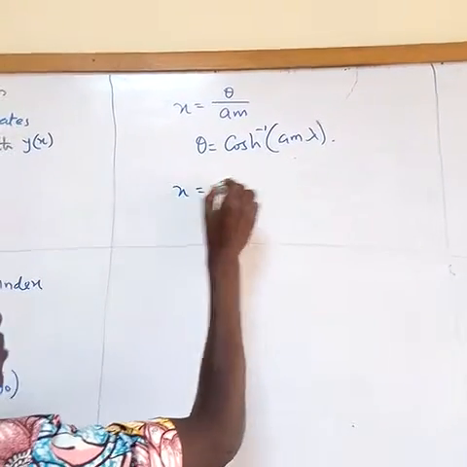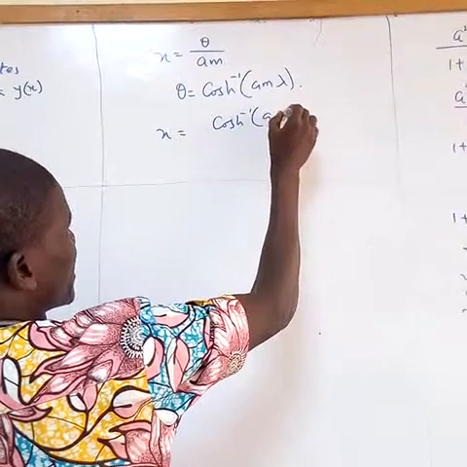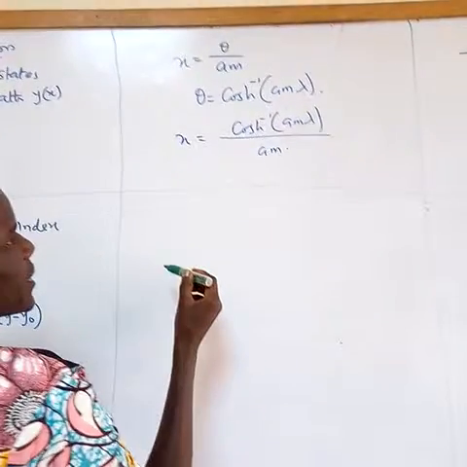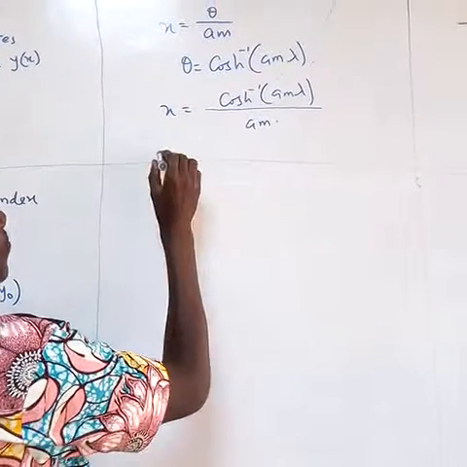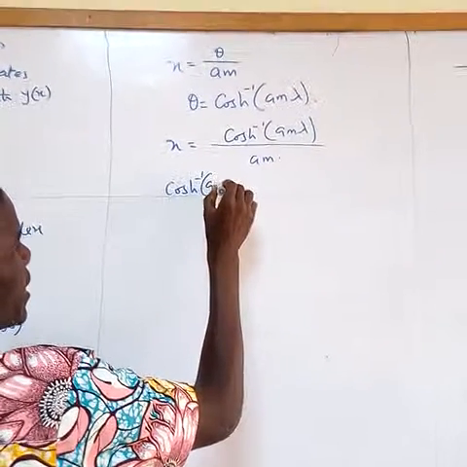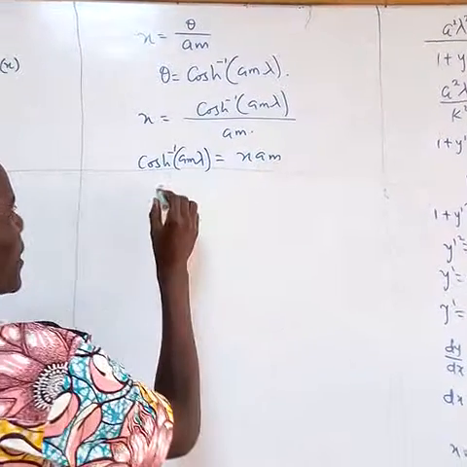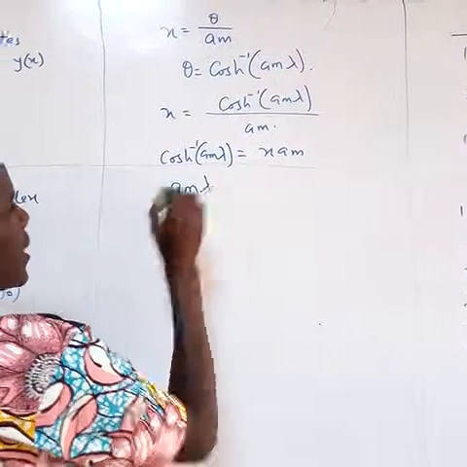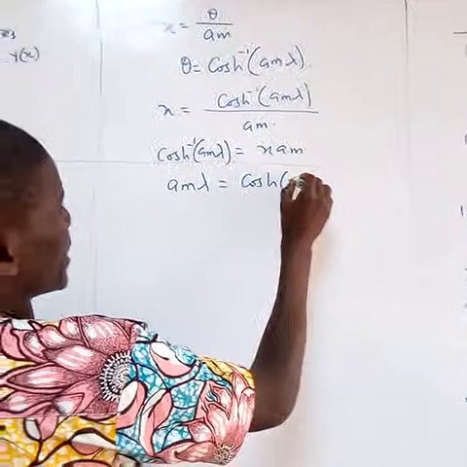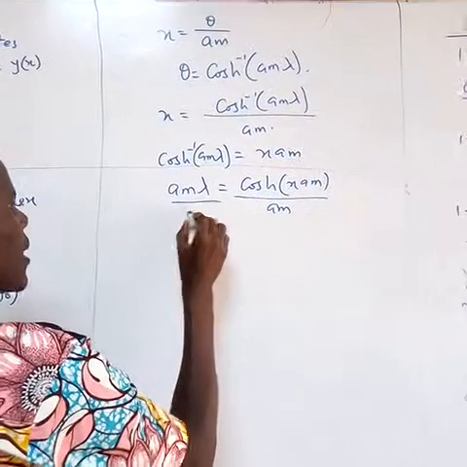So let's replace theta by this. Our x will be equal to arc cos of am lambda over am. So automatically arc cos of am lambda will be equal to xam, so that our am lambda is the same thing as cos of xam.